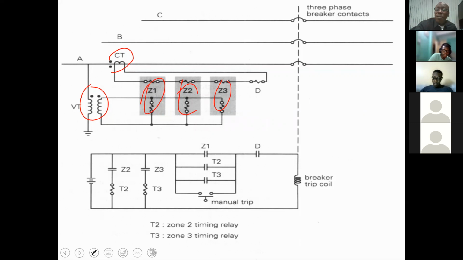Anyway, so students, work with me now. We have the three coils representing zone 1, 2, and 3 as I've shown at the top. Everybody comfortable with that? Now I want you to look below that. Remember what I said earlier: based on what we know of a relay, it gives a predetermined response to a particular input.